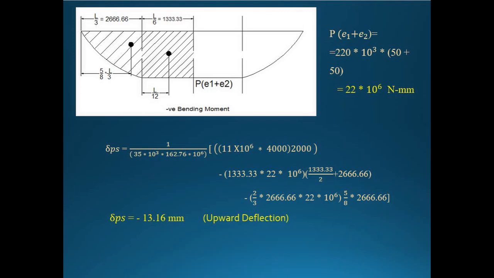First of all, the general formula is delta equal to area into centroidal distance by EI. EI I have taken as common and written outside. So 1 by EC into the I value, you should substitute here, into the area into centroidal distance of that diagram.